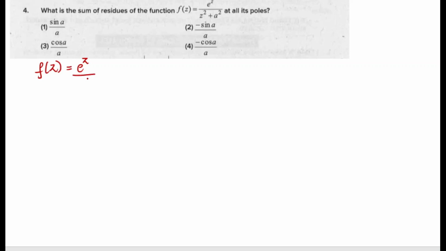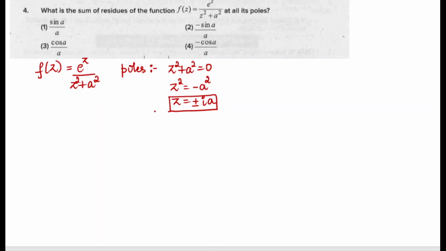Let us find the poles. z square plus a square: we need to equate this to 0, so z square is equal to minus a square, and z is equal to plus or minus i into a. We are getting the poles to be plus i a and minus i a. Now we need to find the residue.